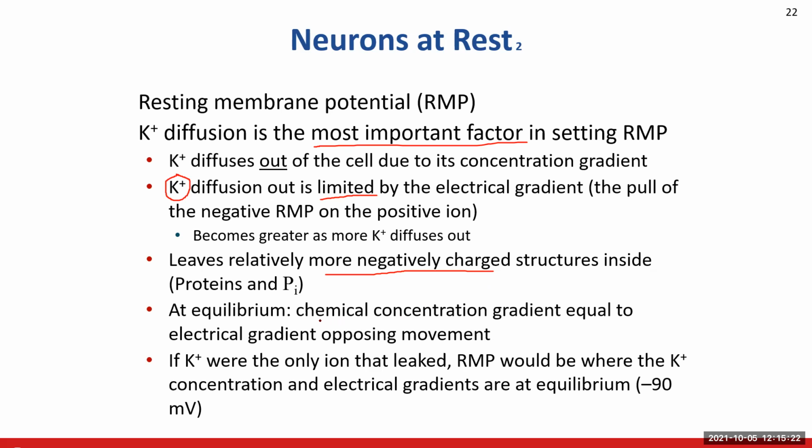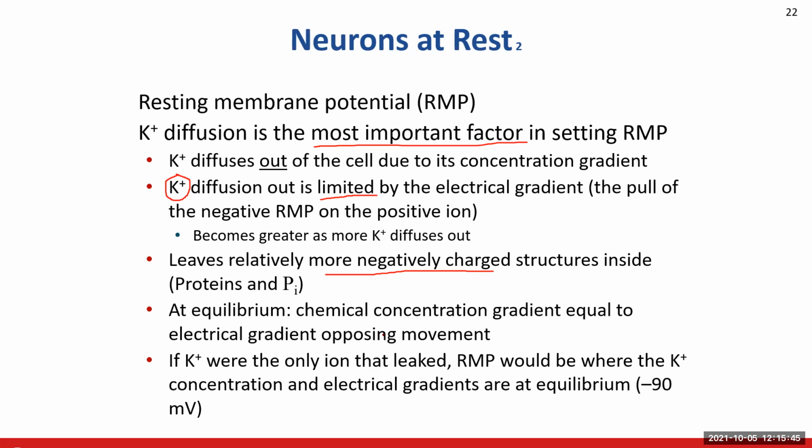So eventually we'll see that ideally, as potassium starts to diffuse out, it's going to try to get to equilibrium. It's going to try its hardest. But as it gets closer to equilibrium, it's going to start to diffuse out slower because the concentration gradient is smaller, but also because those negatively charged items are pulling it back in.